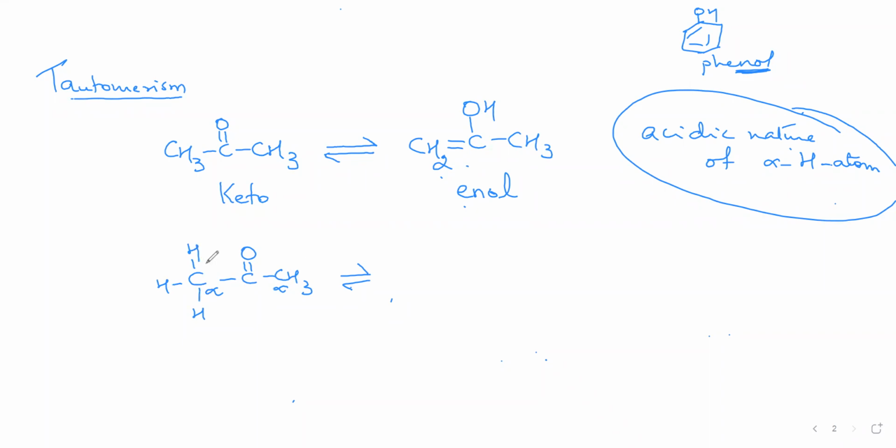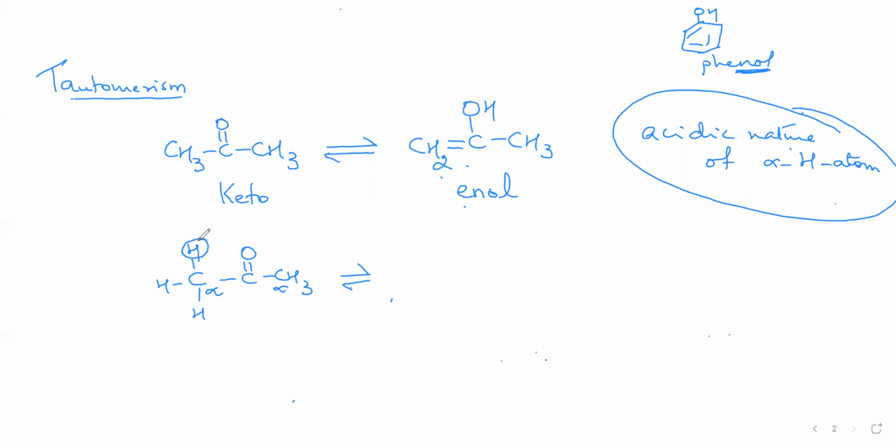Now these alpha hydrogen are acidic in nature. Why are these alpha hydrogen acidic? Because if I remove this hydrogen as H plus, what charge will carbon get? Minus. Yes. That negatively charged carbon, can I say it is resonance stabilized? There'll be resonance stabilization here. That makes the alpha hydrogen acidic. Acidic means this can come out as H plus.